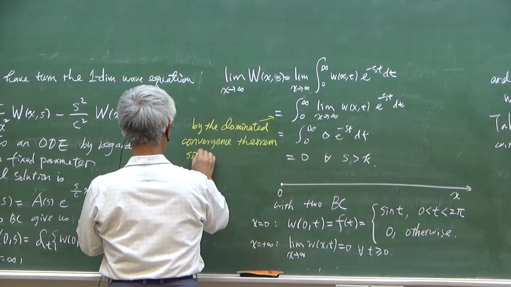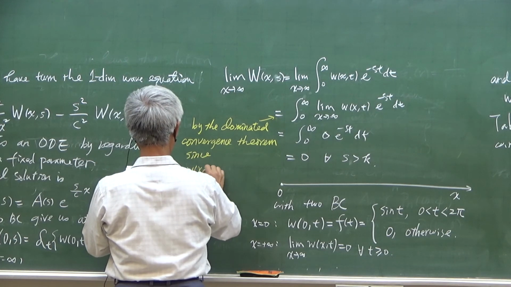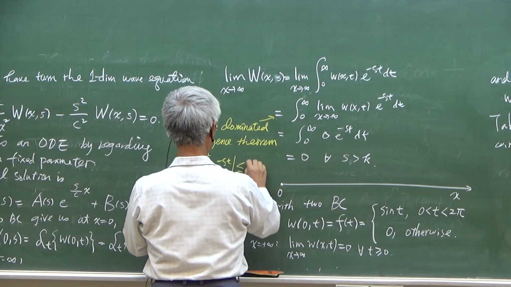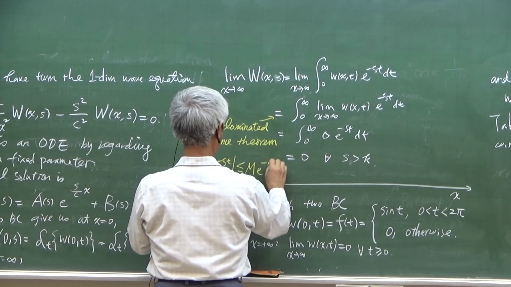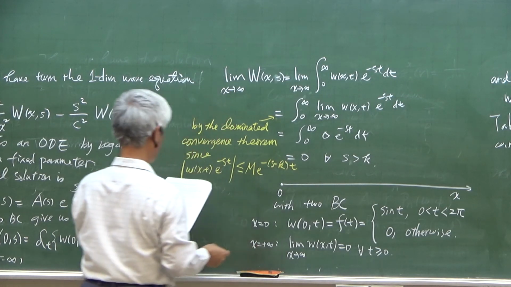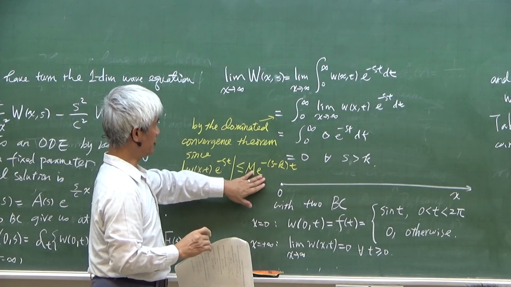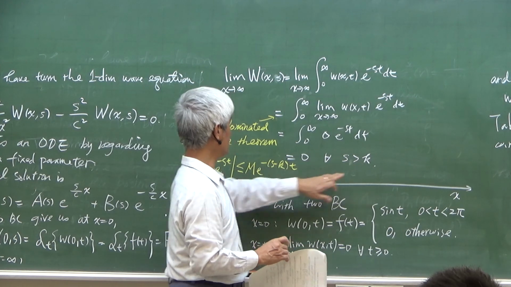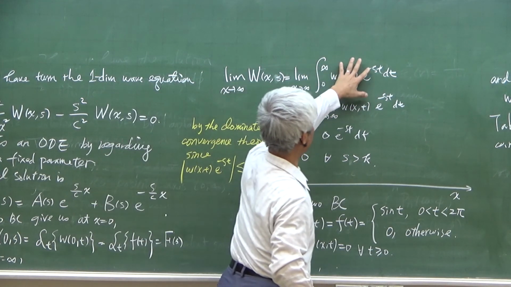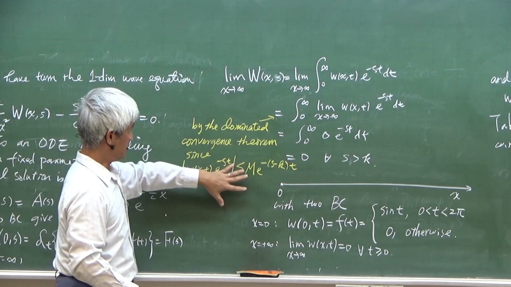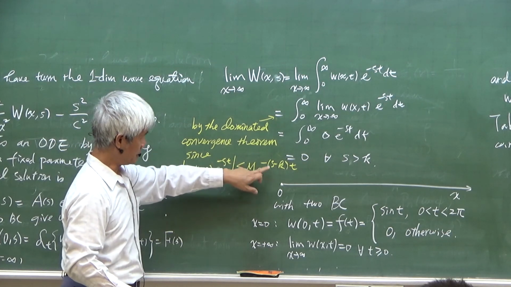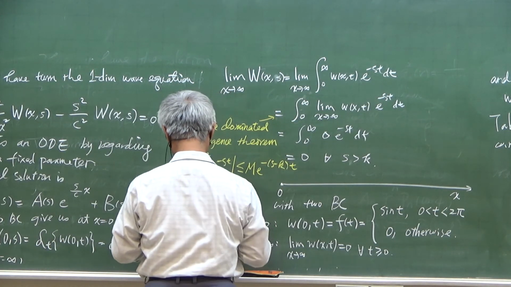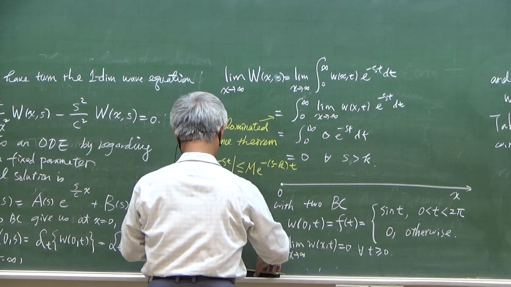Since W(x,t) e^(-xt) is less than or equal to M e^(-(s-k)t), and because x is greater than k, you have exponential decay. Here we assume x is greater than k, so the integrand is upper bounded by an exponential decay function. So that's why we can exchange the integration and the limiting process.